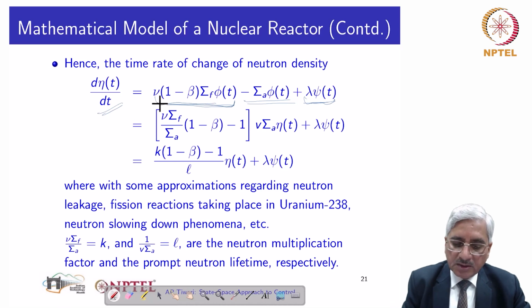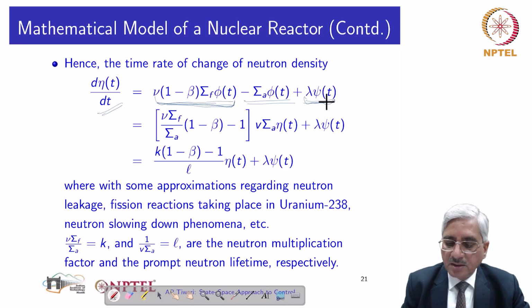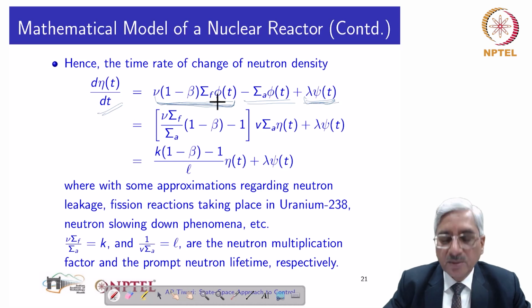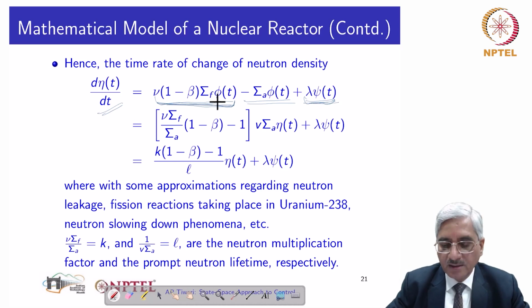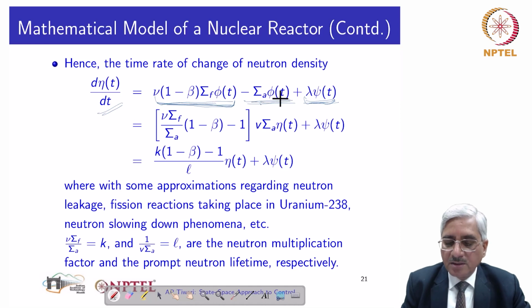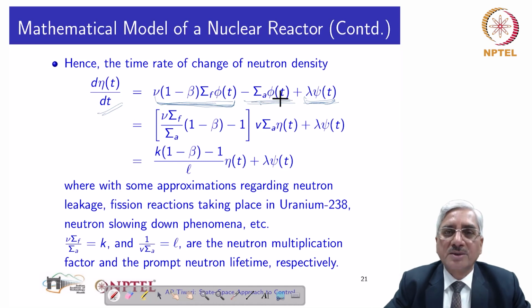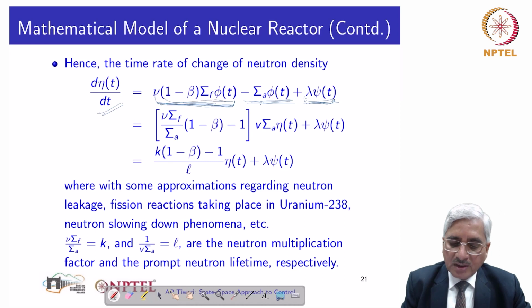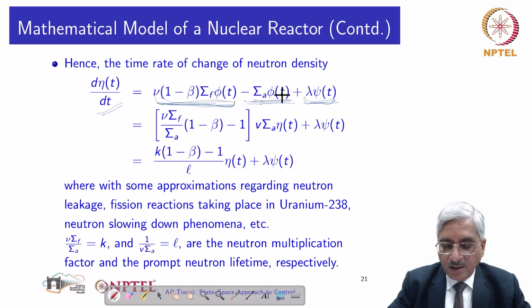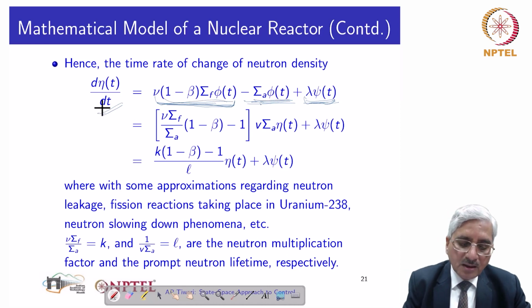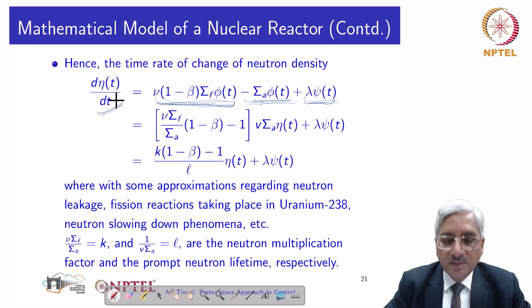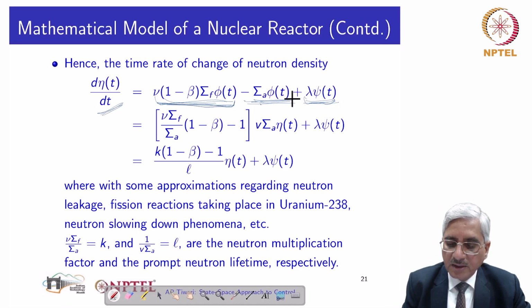So this is the prompt neutrons, this is the delayed neutrons. Their sum is the total number of neutrons per unit volume being produced per second, and this is the number of neutrons being lost through absorption. So this is the production rate, this is the loss rate, and so the net rate of change d eta by dt is given by the difference of the production rate, which is these two terms, minus the loss rate.